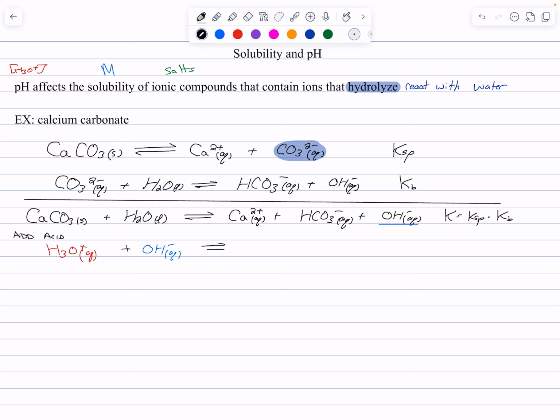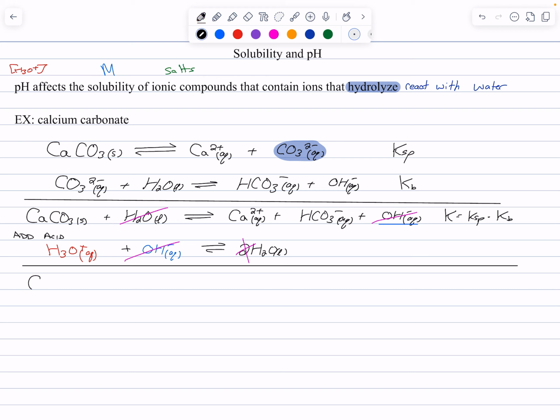And that, of course, will make 2H2O. So if we were to add those two reactions up now, what's going to happen? One of the waters is canceling. That water's gone, and the hydroxide then goes away.